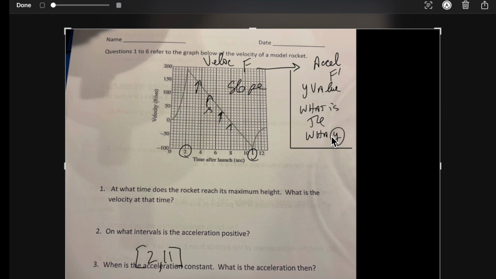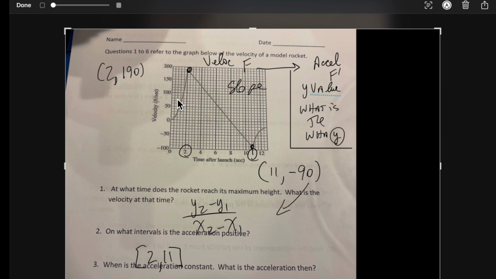So all we have to do here, folks, is do a simple slope calculation using 2 points, and we're just going to do y2 minus y1 over x2 minus x1. This first point here is going to be 2 comma 190, where the time is 2 and 190 is the velocity. And the point down here is time equals 11 and the velocity is negative 90.